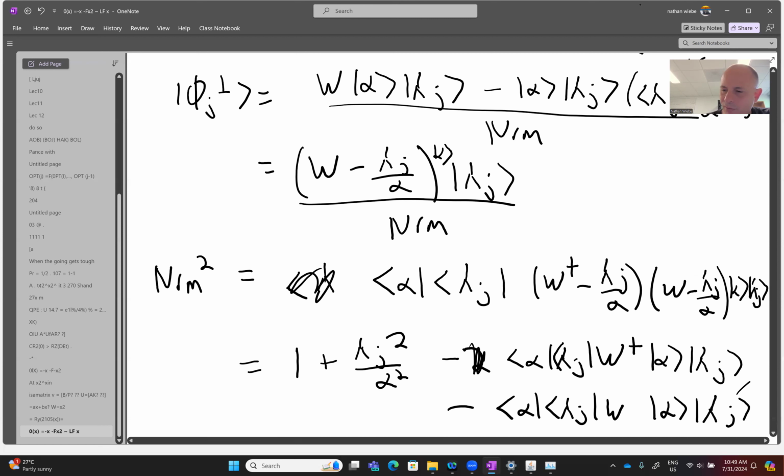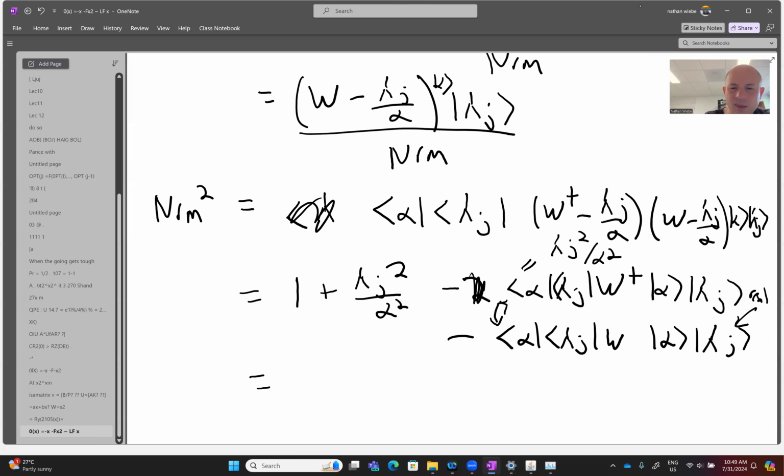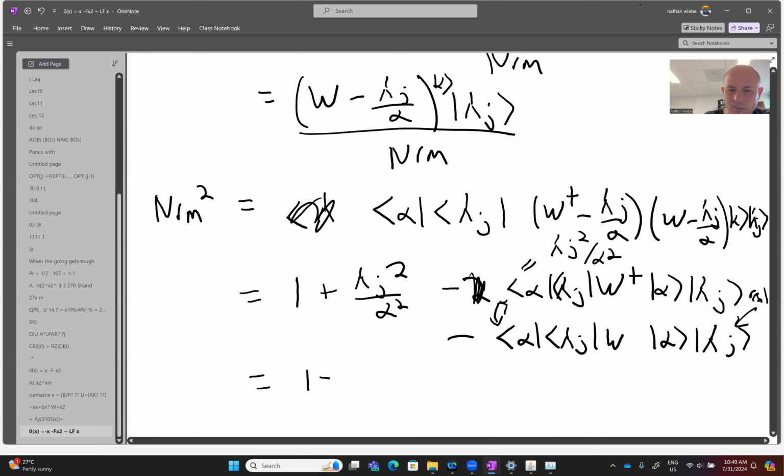But recall that this over here is real valued. Because this is real valued, these two terms have to be equal to each other, and further have to be equal to lambda j squared divided by alpha squared. So the normalization factor squared is of the form 1 minus lambda j squared over alpha squared.